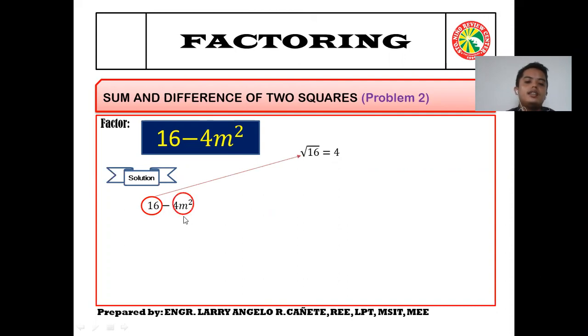Then for the second term, the square root of 4m squared is 2m. So it qualifies the requirement, and it is a subtraction operation between them. Therefore, that is factorable.